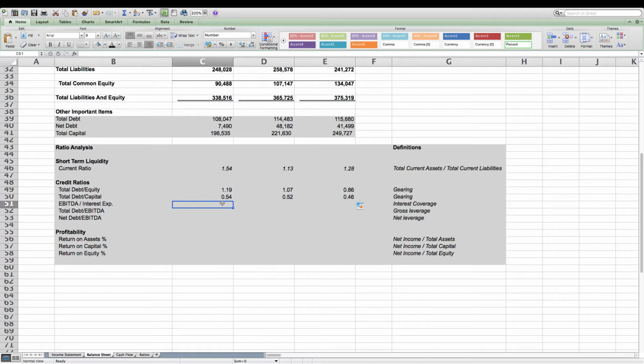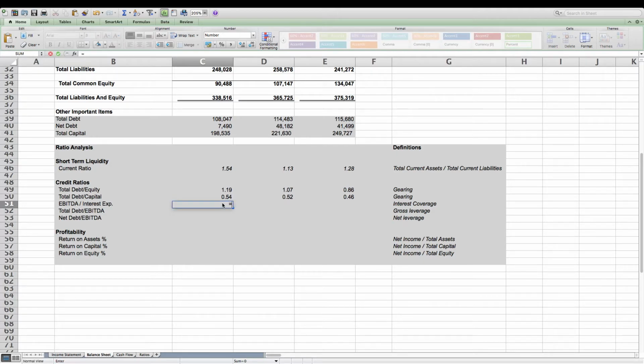It basically implies that the lenders are in a much more secure position than if we saw that the amount of total interest expense was much higher than the EBITDA. That's not a good position to be in if you are a bank lender or a company that's lending money to Apple.